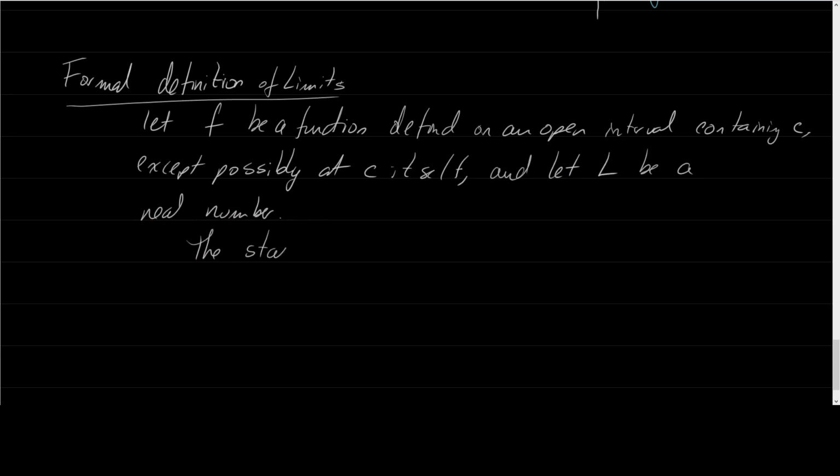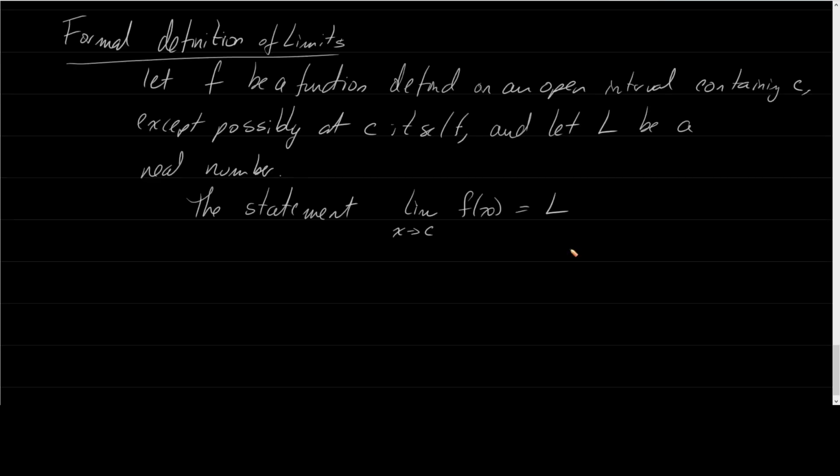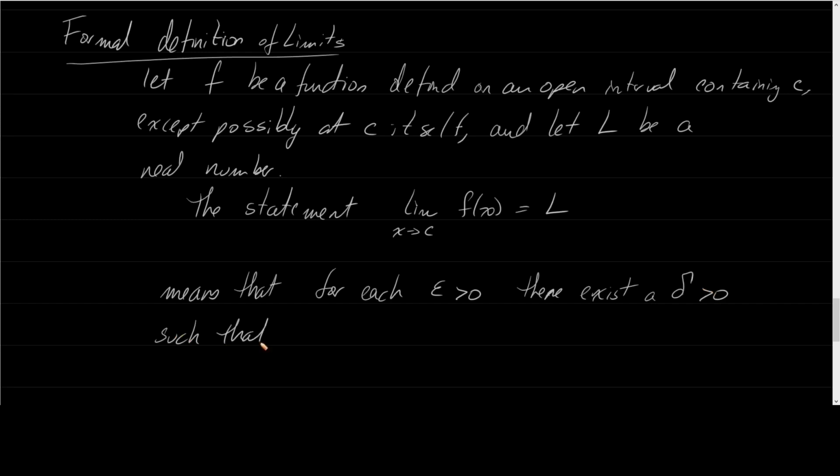The statement limit as x approaches c of f of x equals L means that for each epsilon greater than 0, there exists a delta greater than 0 such that if the absolute value of x minus c is between 0 and delta, so it's bigger than 0 but less than some delta, then the absolute value of f of x minus L is less than epsilon.